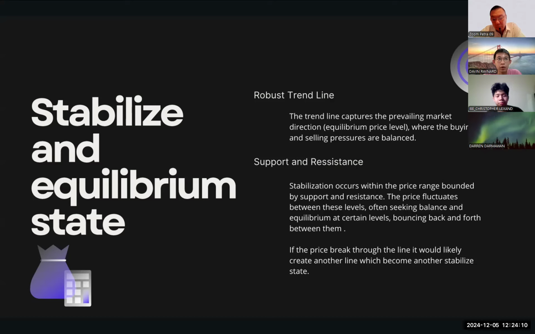We have static and dynamic support and resistance, which are the levels where the price fluctuates between. However, when the price breaks through the line, it will calculate the new resistance line and support line, because we make it dynamic, adjusted to the price situation.